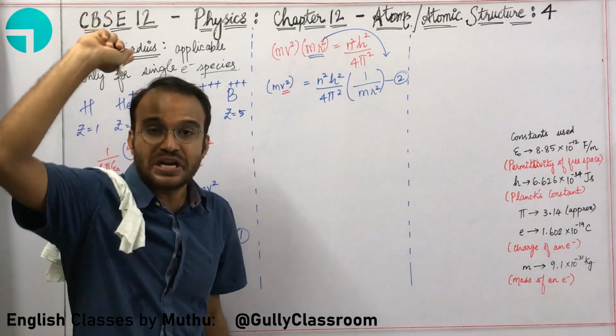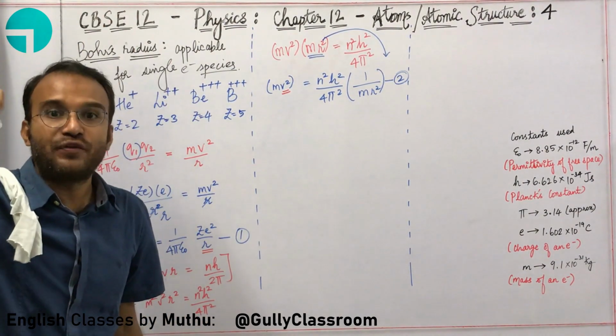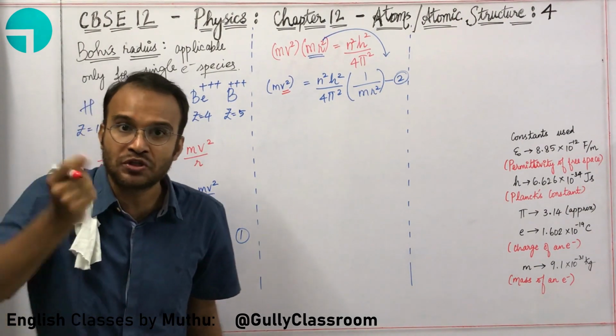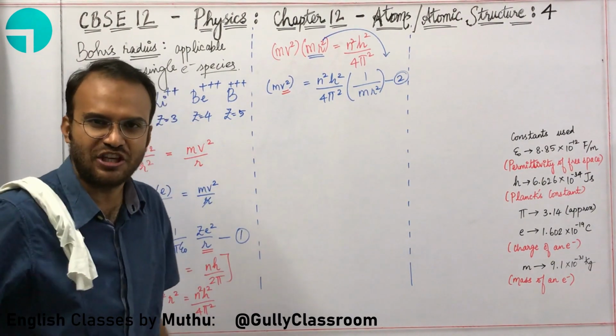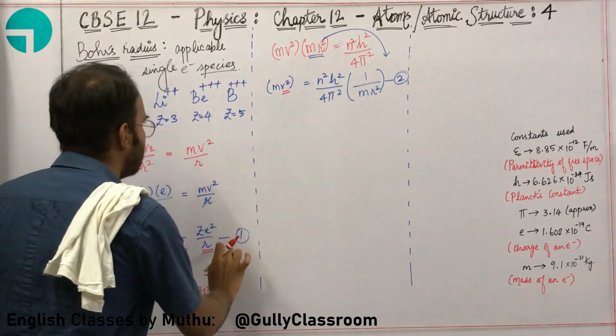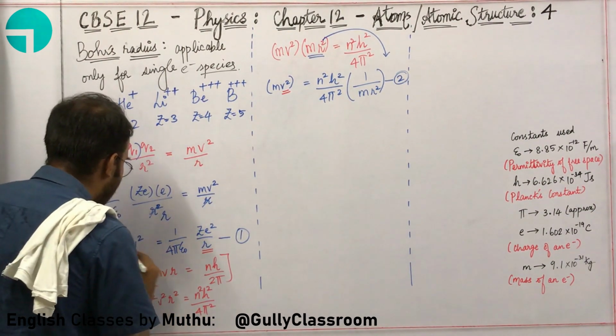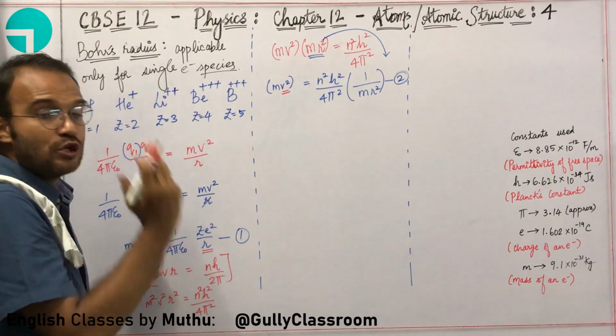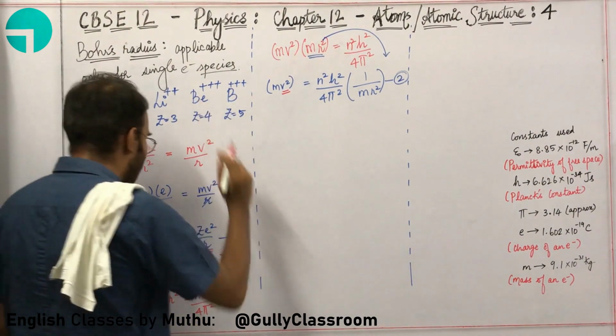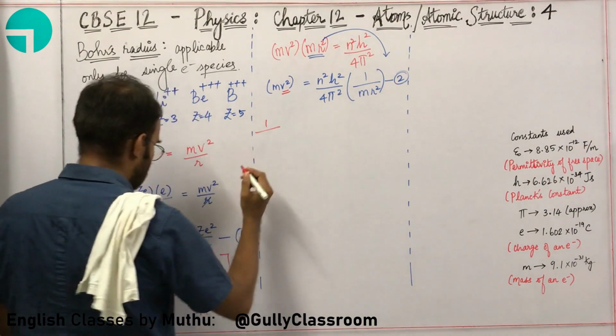According to my 10th standard linear equations, if I have two equations and two unknowns, I must be able to solve them. So how am I going to solve the first and second equation? Kindly look at the LHS. Both have mv square. So I am simply going to equate the RHS. The RHS must also be the same.